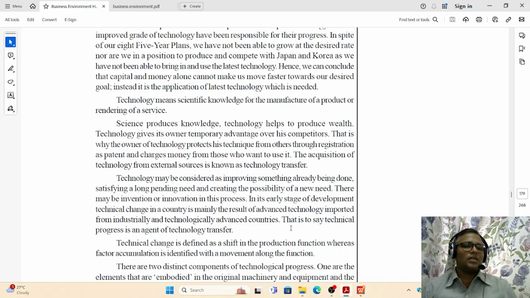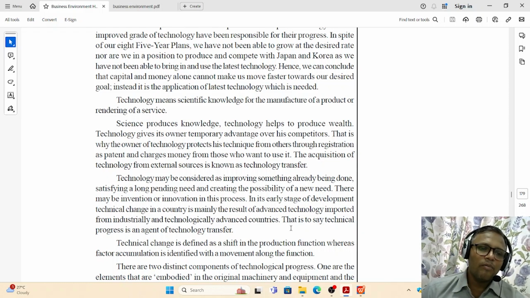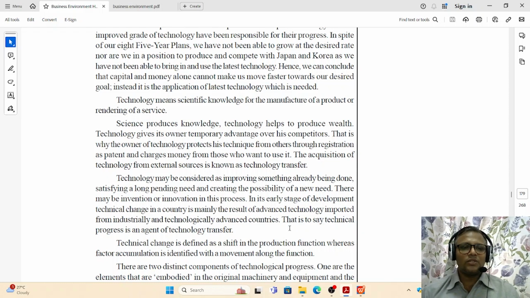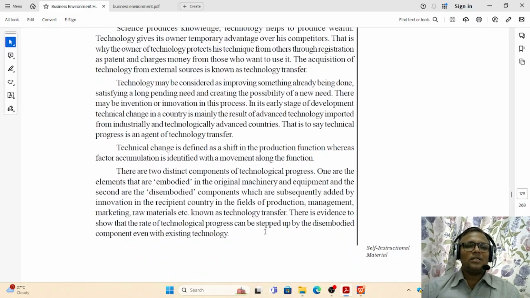Technical change in a country is mainly the result of advanced technologies imported from industrially and technologically advanced countries. Therefore, it is to say that technical progress is an agent of technology transfer. Technical change is defined as a shift in the production function, with various factors accumulating, and is identified with movement along the function.